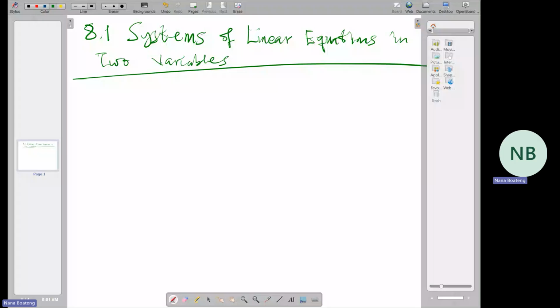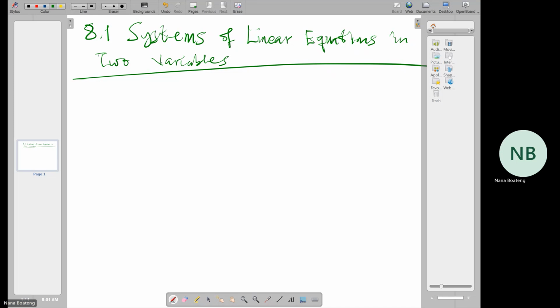This is section 8.1, College Algebra. Today we will be discussing systems of linear equations in two variables.